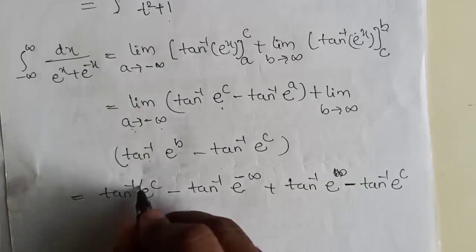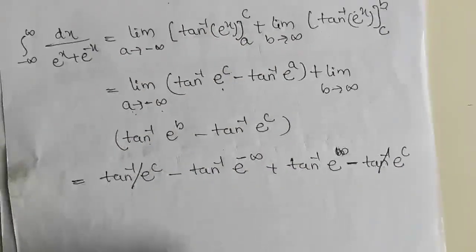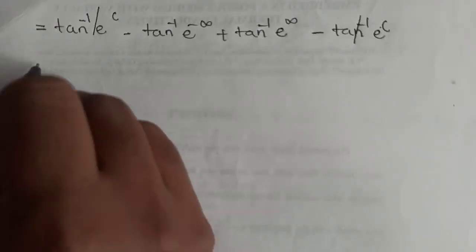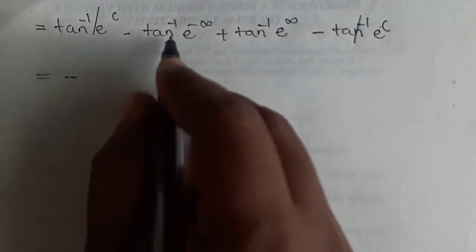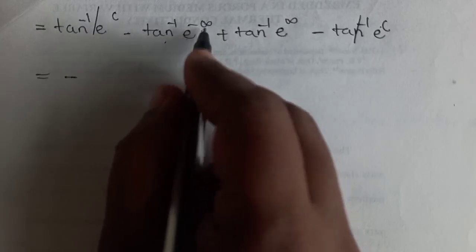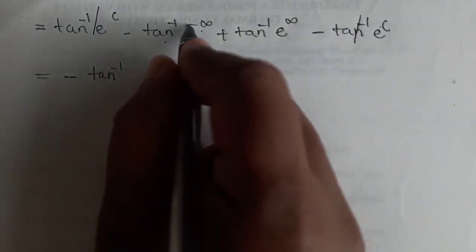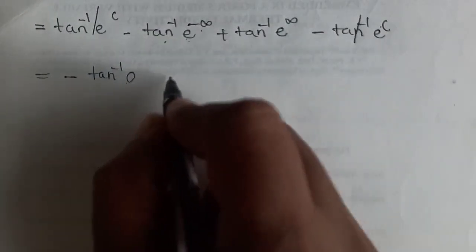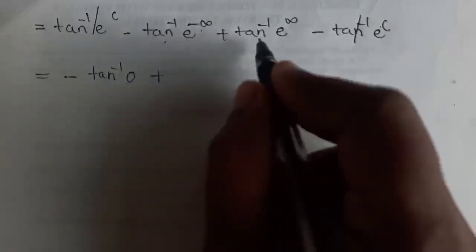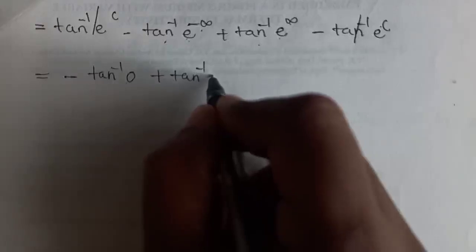Now tan inverse of e raised to c minus tan inverse of e raised to c gets cancelled. Further simplifying, we get minus tan inverse of e raised to minus infinity, which is tan inverse of 0 because e raised to minus infinity is 0, so this is minus tan inverse of 0, plus tan inverse of e raised to infinity, which is infinity.